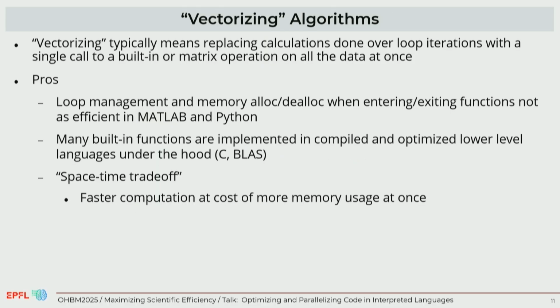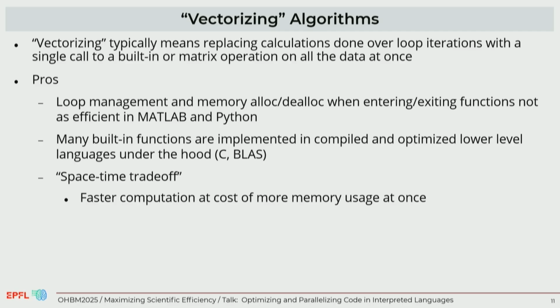Next, if you've determined parts of your code that you'd like to speed up, what tools do we have to address that? One of them is the idea of vectorizing your algorithms. That's basically looking for something happening in a loop and seeing if you can replace it with a single call to a built-in function or a matrix operation that uses all of your data at once.